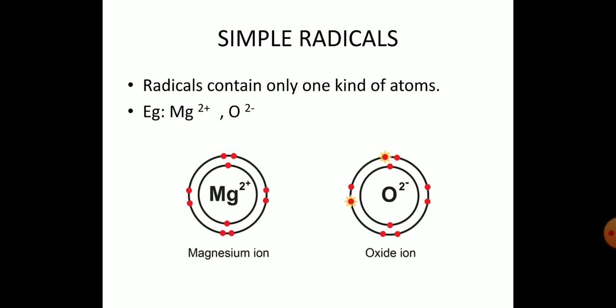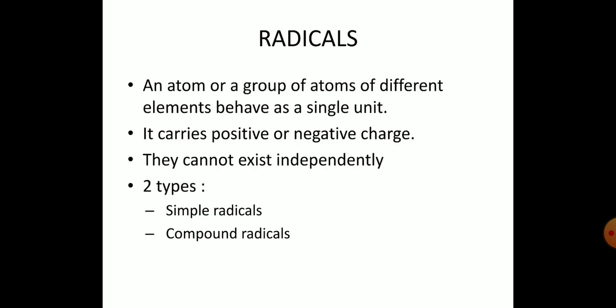Now, coming to the radicals definition again. A radical is an atom or group of atoms of different elements that behave as a single unit, like carbonate, CO3.